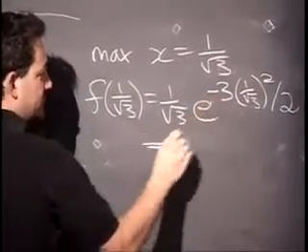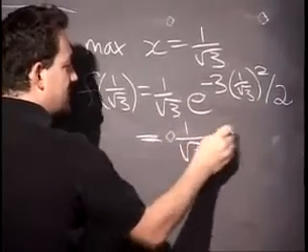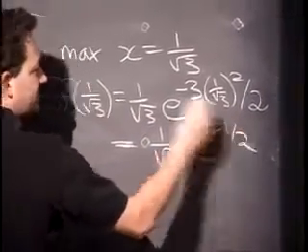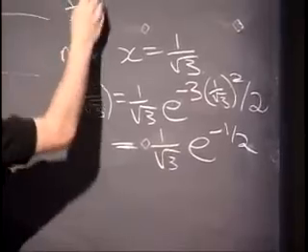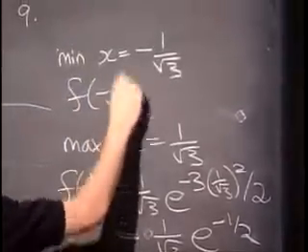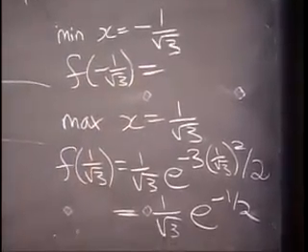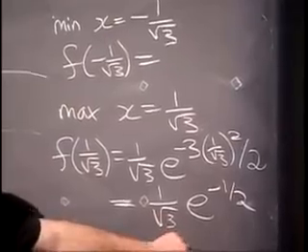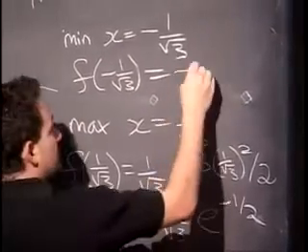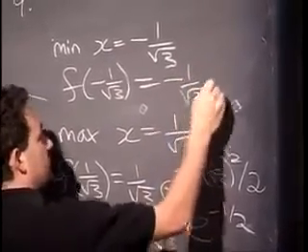So this is 1 over root 3 e to the minus 1/2. How about f of minus 1 over root 3? Do not bother substituting. Just take this one and whack a minus sign in front of it. After all, the function is odd.